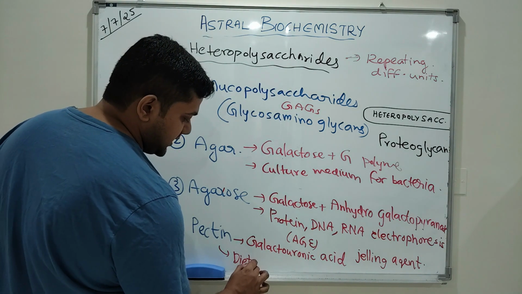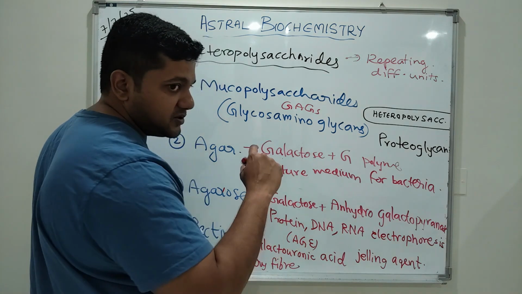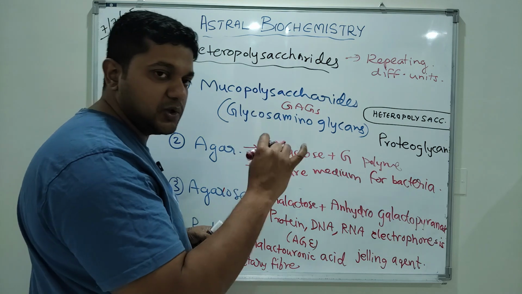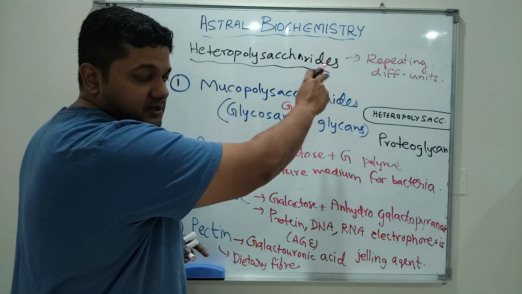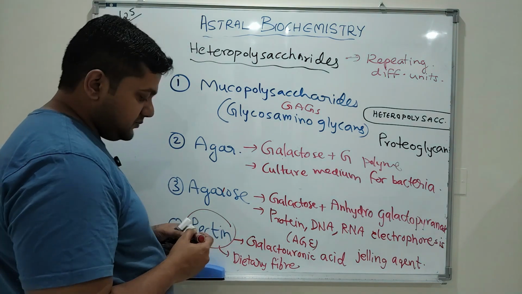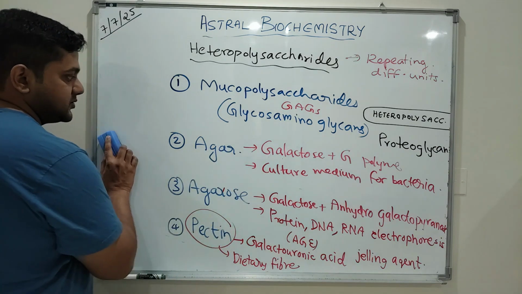Compare and study: just before this we had discussed homopolysaccharides, where cellulose and inulin were dietary fibers. The dietary fiber which comes under heteropolysaccharide is pectin. So this is about agar, agarose and pectin in short.